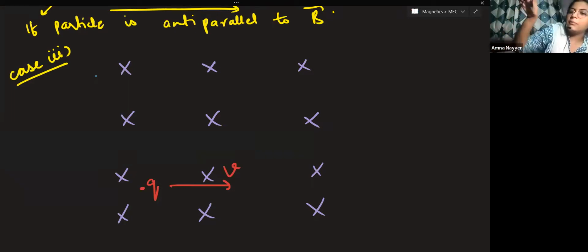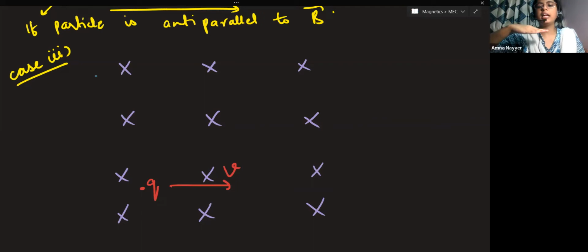Now if my hand is kept like this, will I be able to curl it? The magnetic field is inwards. How can I curl it like this? This curling is not possible. Let me shift the hand. This is also showing velocity pointing towards the right hand side, but curling is again not possible.